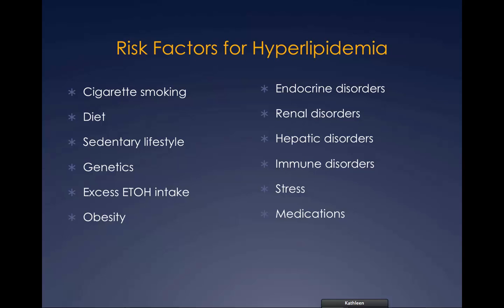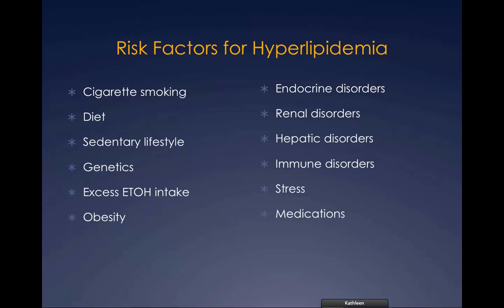When we talk a little bit about risk factors, patients who are at risk for high cholesterol are those who smoke cigarettes. Individuals who smoke cigarettes have an increased risk of developing clots in the blood. They also have an increased risk of high triglycerides, most likely decreased HDL levels, and damage to the lining of the blood vessels.